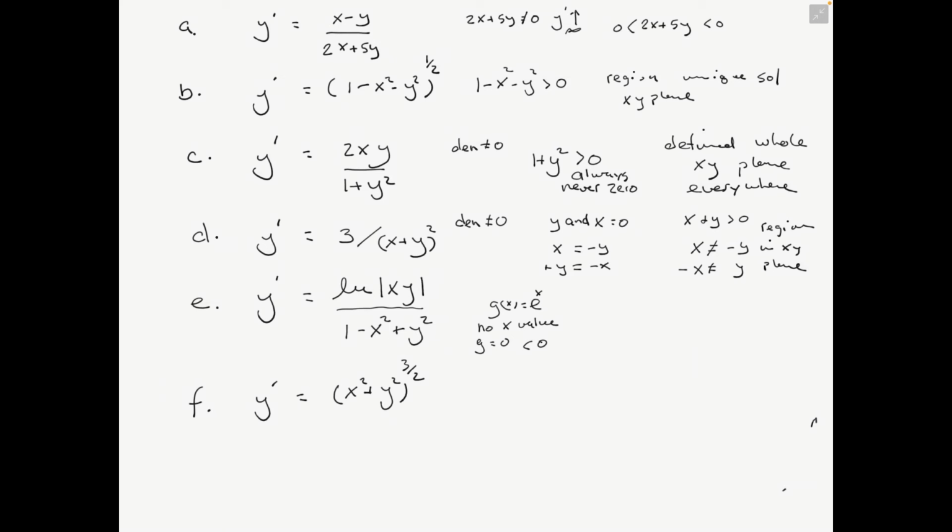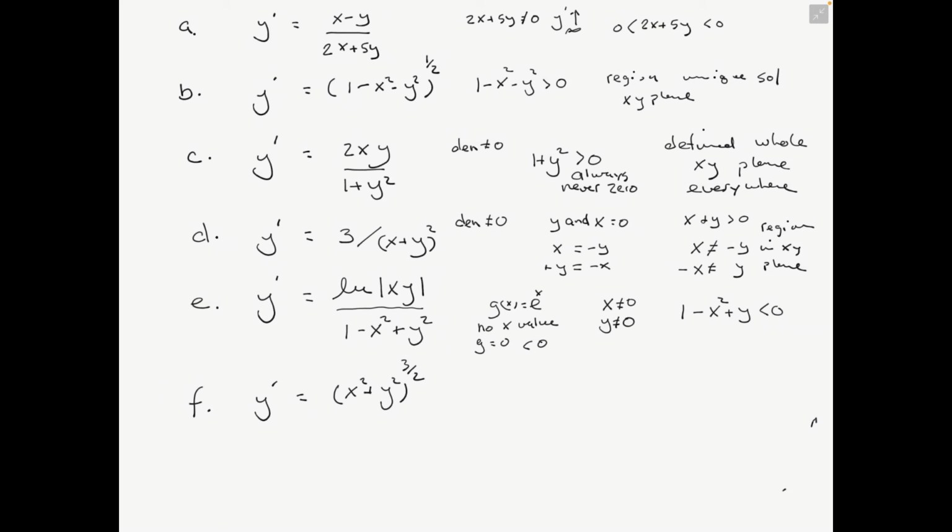So x cannot be 0, neither can y. So neither one of those can be 0. And the denominator we have to say is not 0.